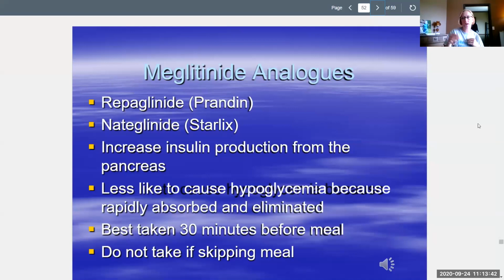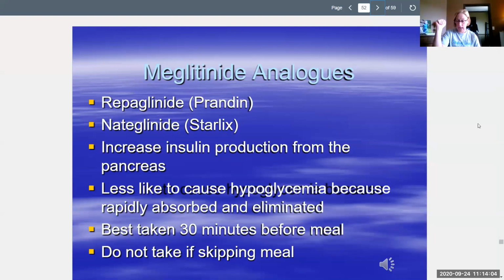That way you can break it down and make it easier to answer questions. Or it might just say a meglitinide analog is given to this patient, and it doesn't specifically say the name of the med, but you know that the meglitinides work in the pancreas.